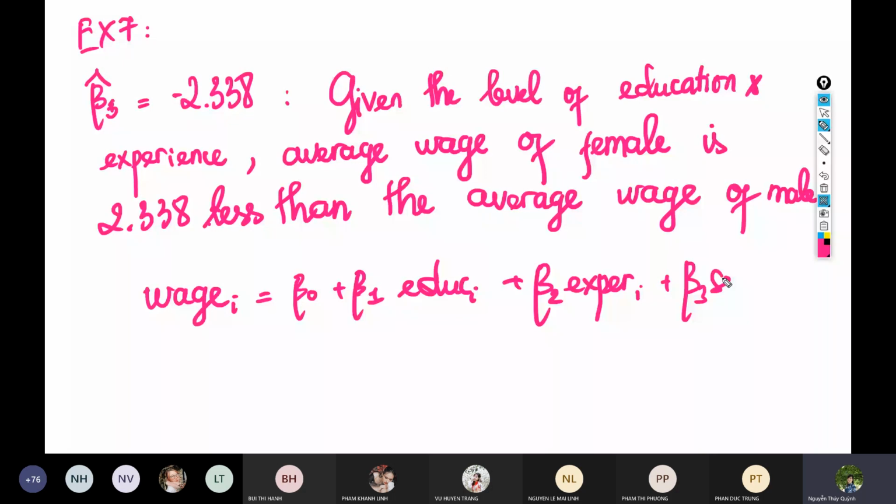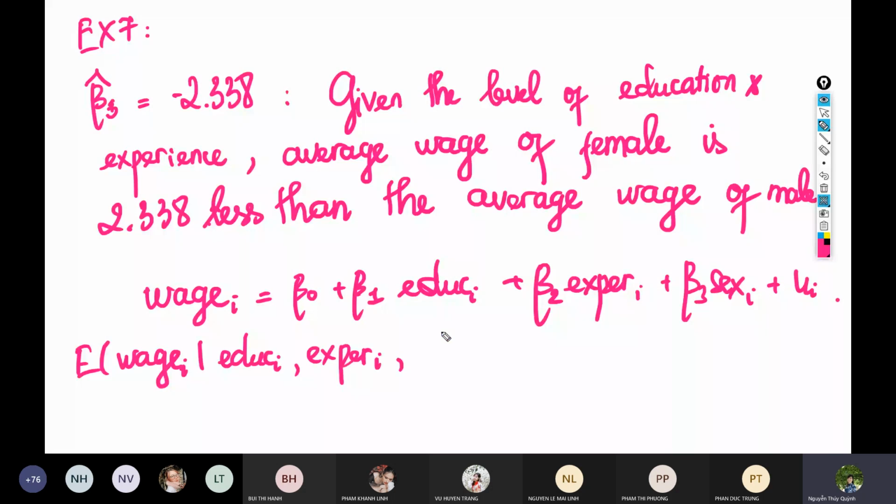Now you can see that the expected value of wage given the level of education and experience for female, when sex is equal to 1, is beta 0 plus beta 1 times education plus beta 2 times experience.